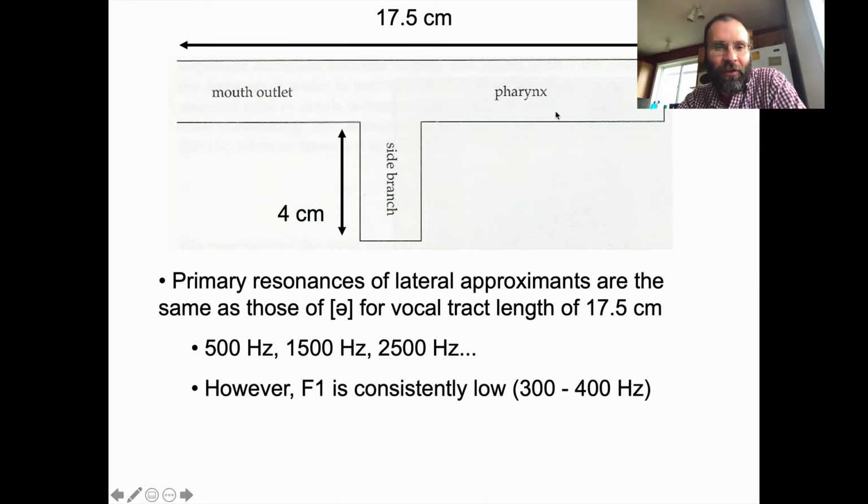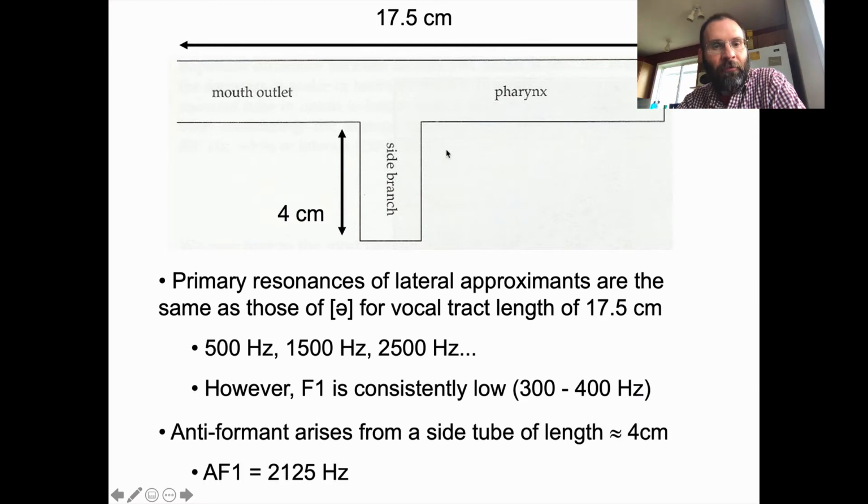So it lines up with the measurements we were talking about last time for different nasal tubes when we were calculating their antiformant frequencies. If you plug 4 centimeters in as the length of the tube in that equation that we've been using many times over in this class, you should get the first antiformant frequency to be about 2,125 hertz, more or less.